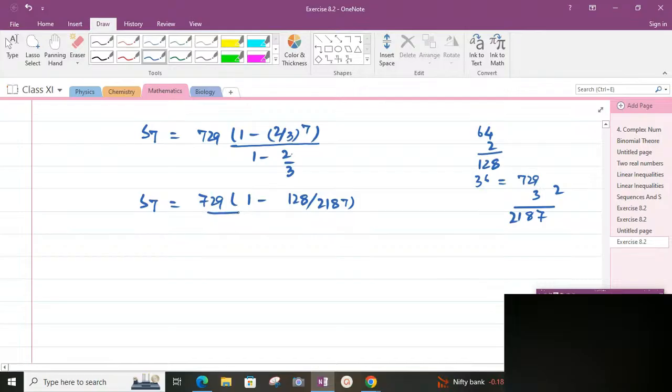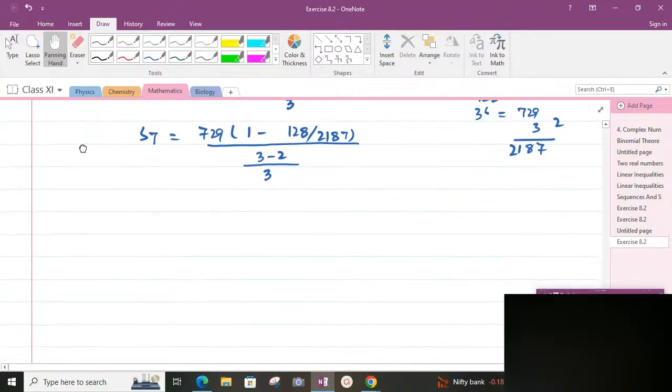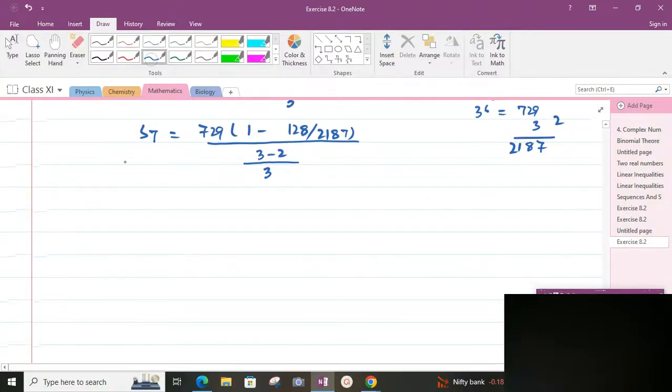And here will be 3 will be the LCM and 3 minus 2. So let's see the next step.